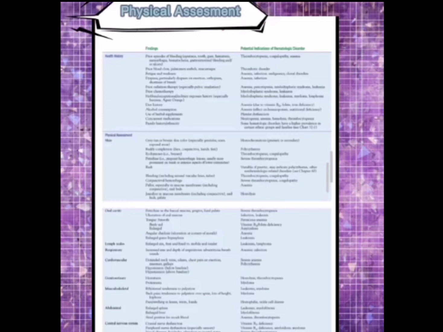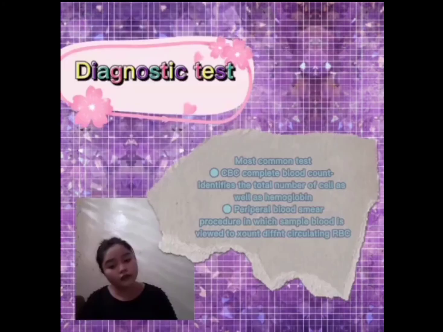For the abdominal, you have enlargement of the spleen or enlargement of the liver. For the CNS, or the central nervous system, cranial nerve dysfunction and neurologic signs, like hemorrhage. Diagnostic tests.